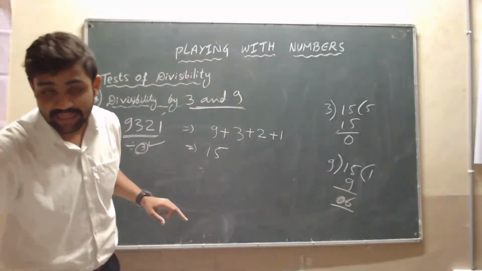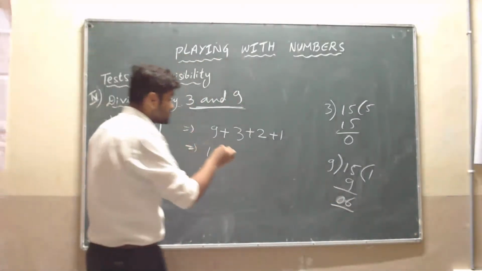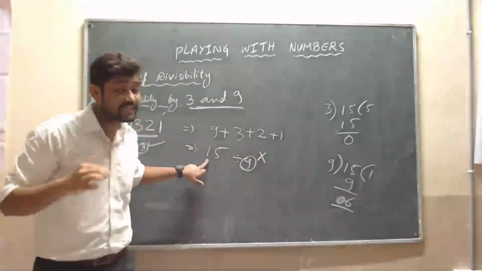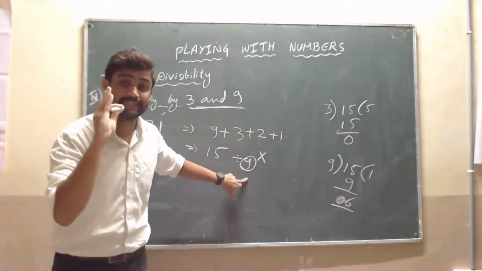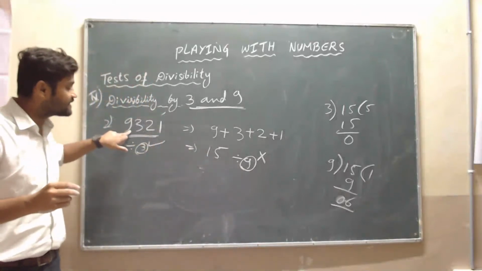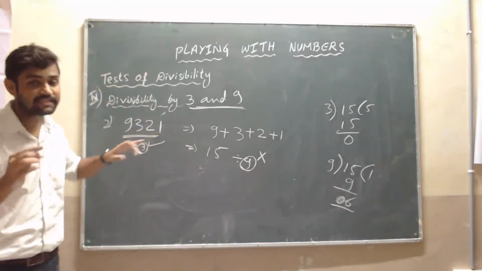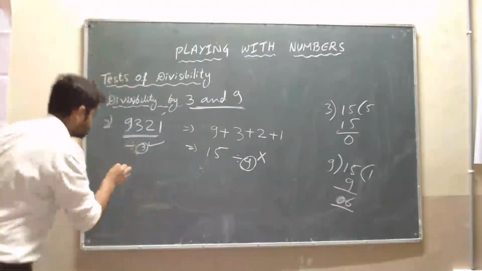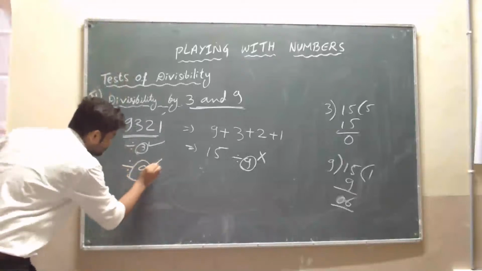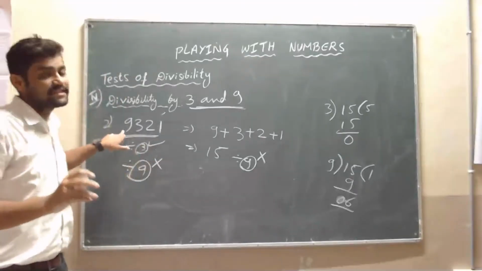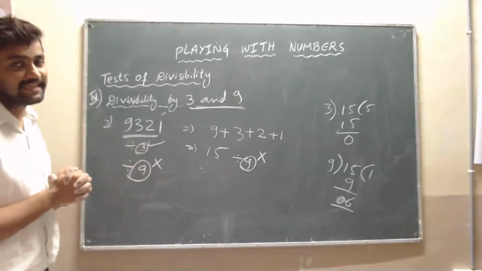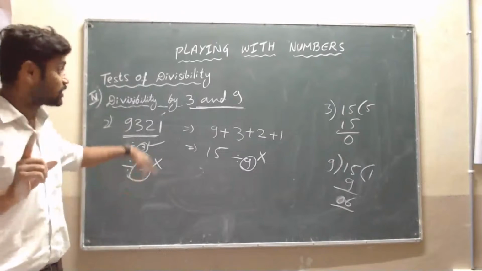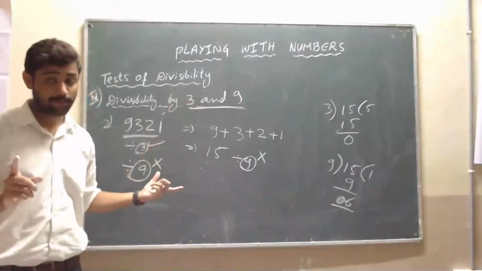That's why we can say that 15 is not divisible by 9. If 15 is not divisible by 9, we can easily say that 9321 is also not divisible by 9. So 9321 is divisible by 3 only, not by 9. It can come either way.